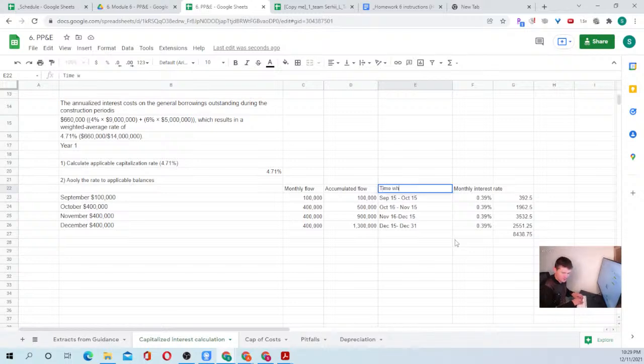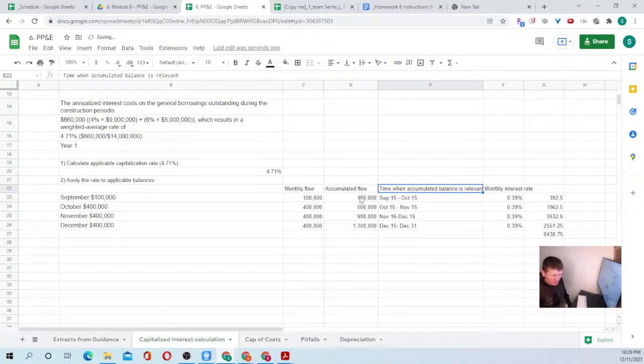This is the time when the accumulated balance is relevant. So the higher the accumulated balance of our construction in progress gets, the more interest expense per period we have to capitalize.